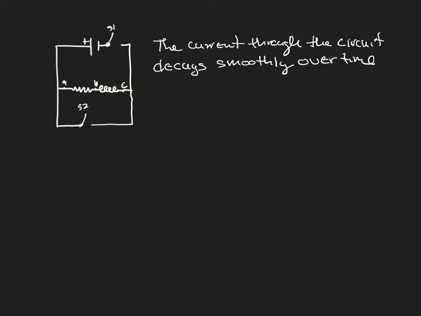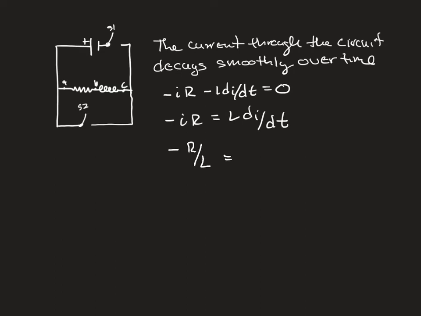So now when we go back to Kirchhoff's law, we end up with just the voltage across the resistor and the voltage across the inductor. Alright, so rearranging that, we can just add to the other side and then rearrange because I want to get current all on one side.